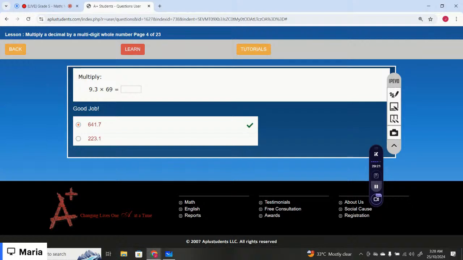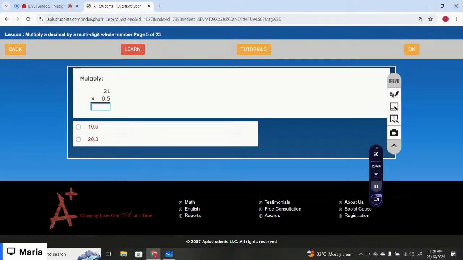Please write the answers once. Do not create the mess. 21 times 0.5. So, which is the correct option?